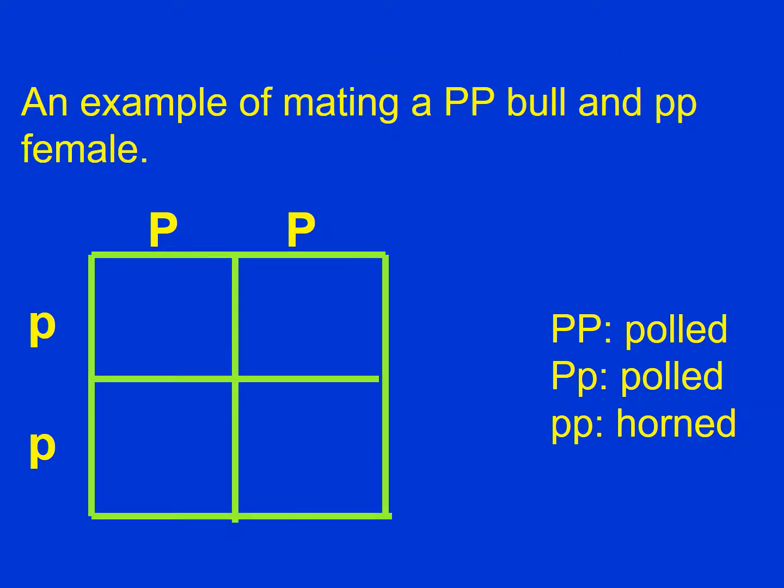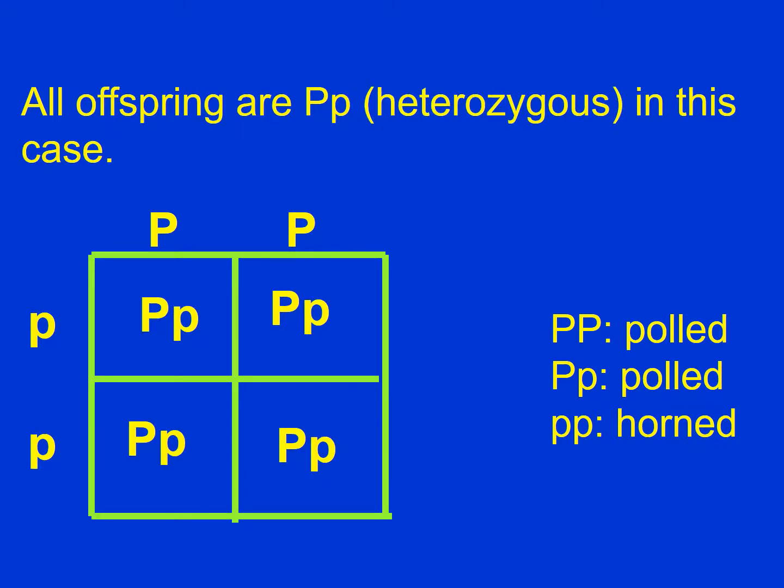In our example here, we're going to have a homozygous polled bull mated to a homozygous recessive little p, or horned, cow. So homozygous polled bull, two copies of the polled gene, mated to horned cows. And what are we going to get? As you can see here, the bull is going to give the polled gene to each of his offspring.